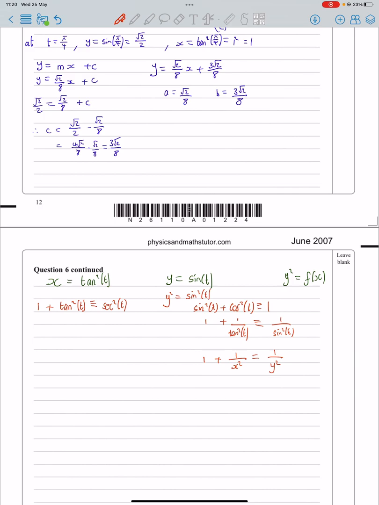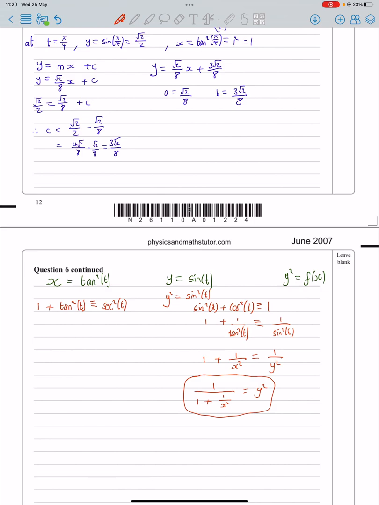So at this stage, we can just work out the reciprocal of both sides. So we can just write it as 1 over 1 plus 1 over x squared is equal to y squared. That's fine. There are probably other forms in which we could have written it, but this works out. We don't need to bother with anything else. This is an acceptable final answer.